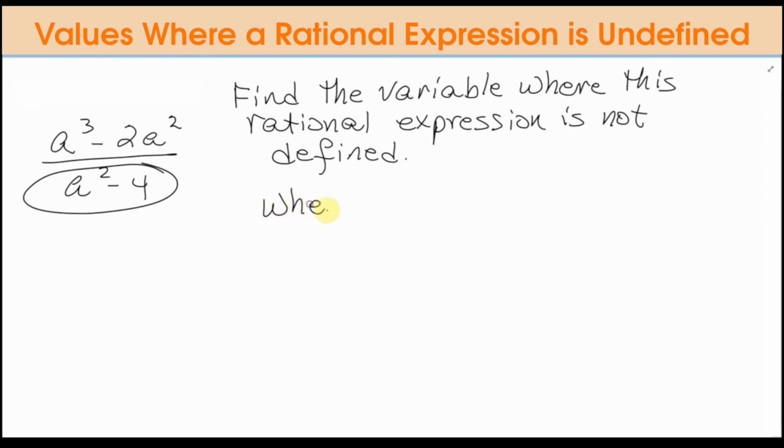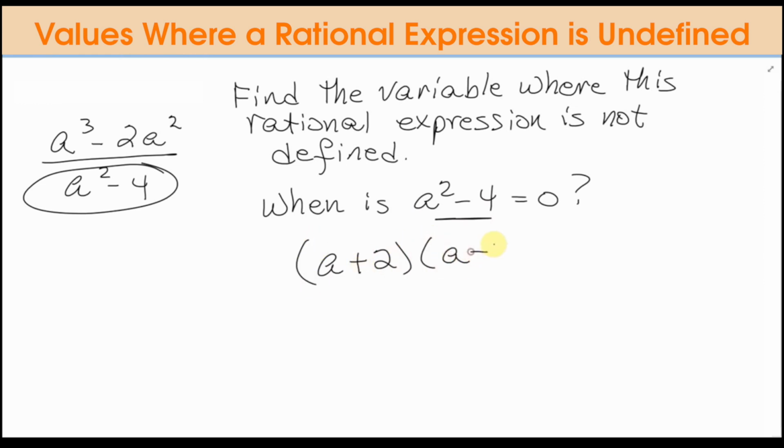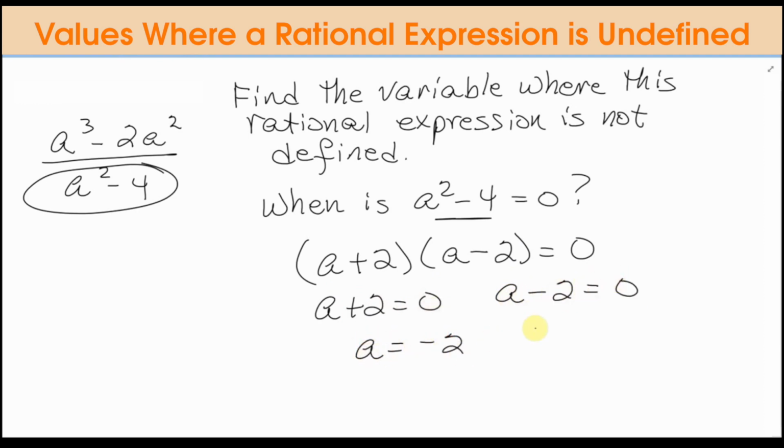So our question is, when is a squared minus 4 equal to 0? One way to solve for a is to notice that this is the difference of two squares, so it factors into the sum a plus 2 times the difference a minus 2. We set each factor equal to 0 and solve. So these are the two values, negative 2 and 2, where this rational expression is not defined.